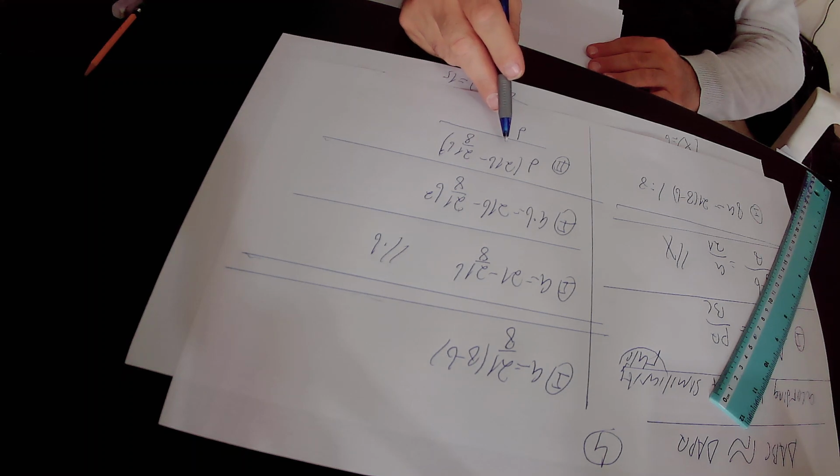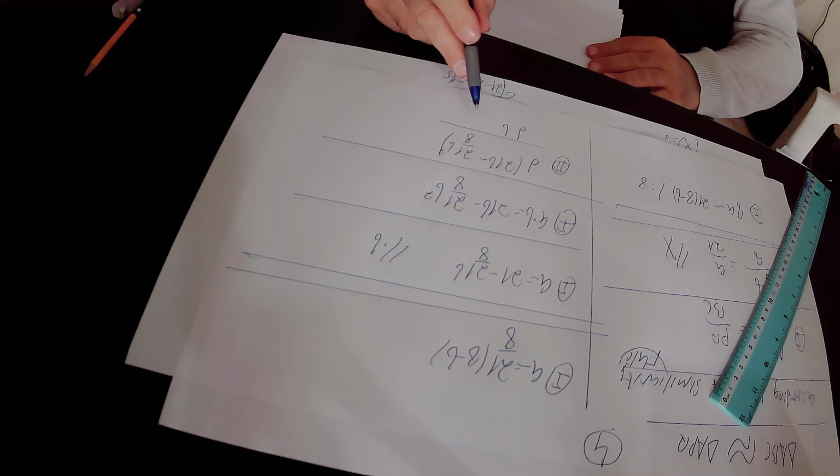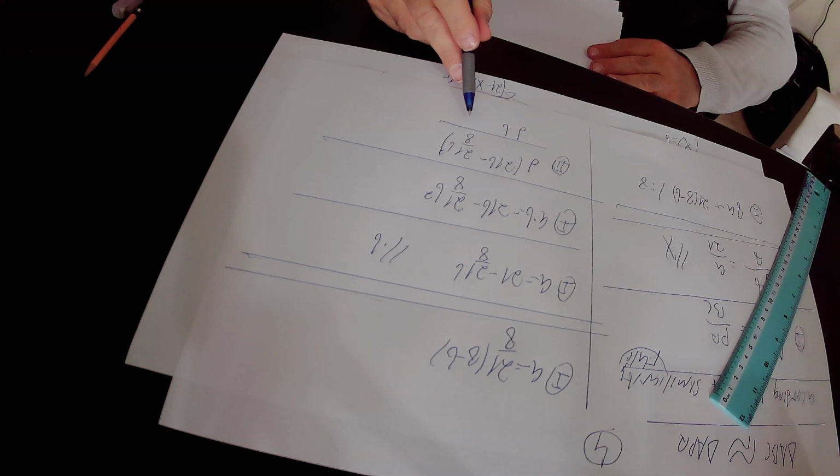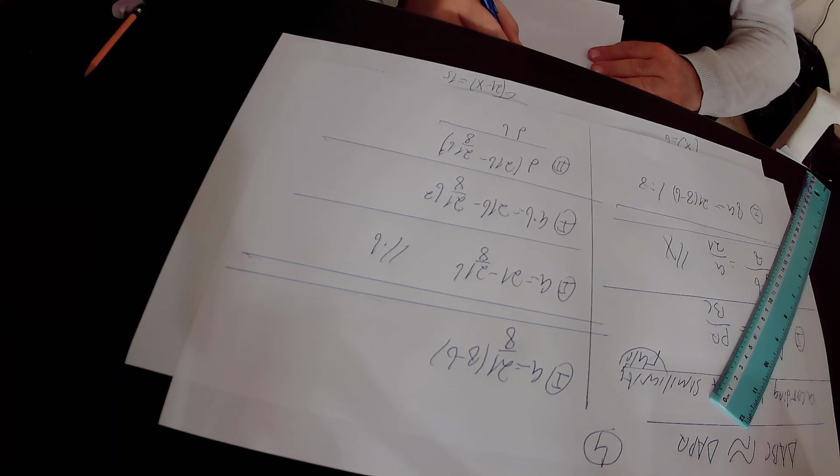In conclusion, the derivative of 21b is 21. And what is the derivative of minus 21 over 8 times b squared? We know that the derivative of b squared is 2b, and therefore the derivative of this expression in total will be equal to minus 21 over 8 times 2b.